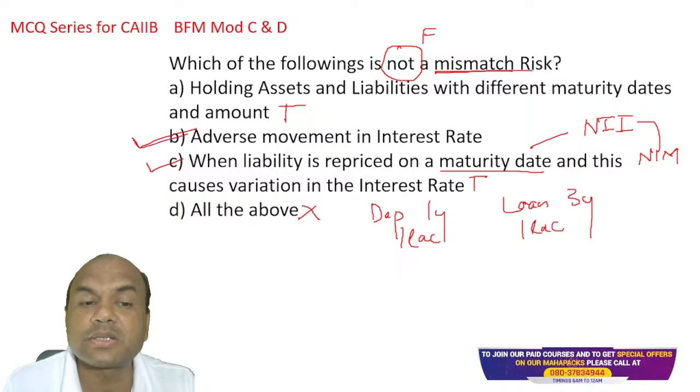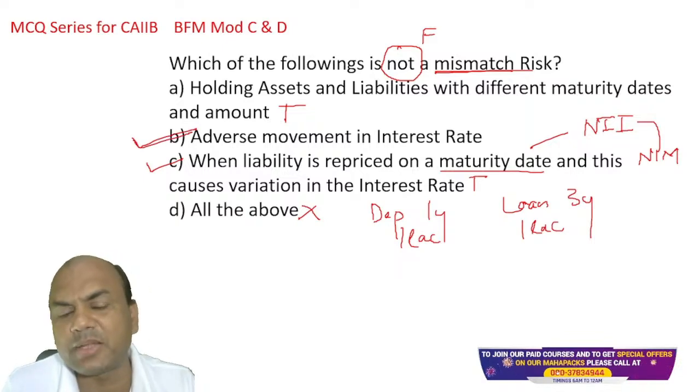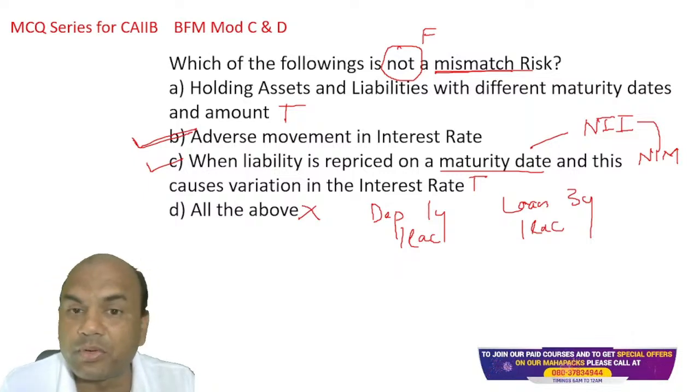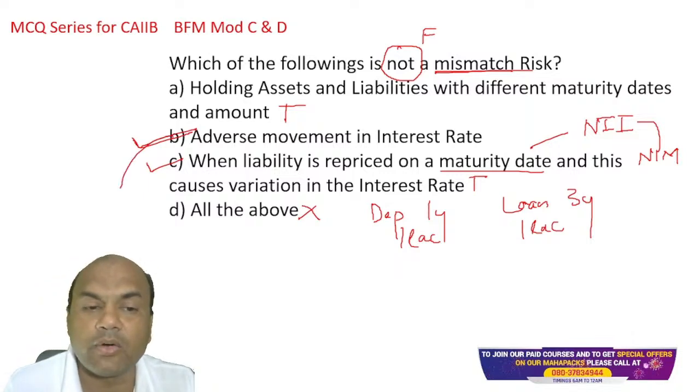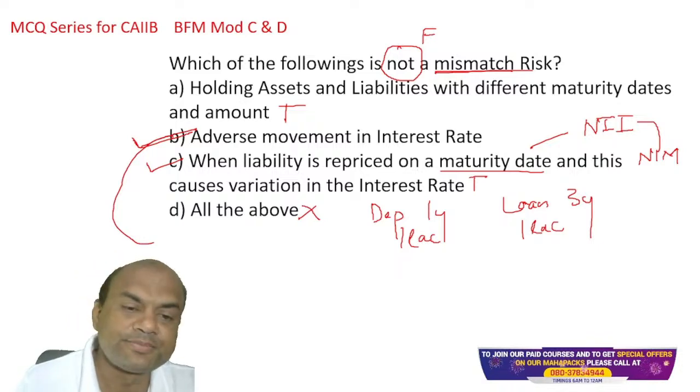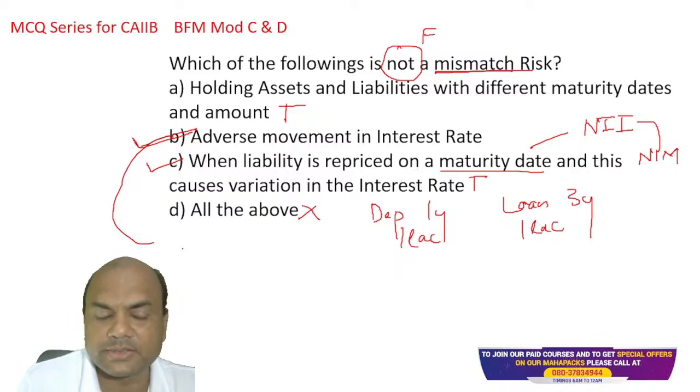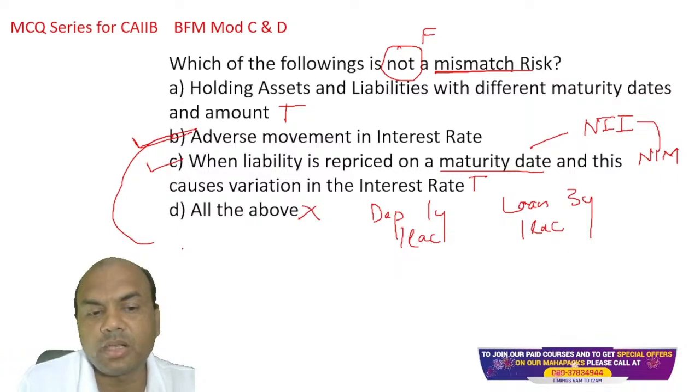Now what is the logic behind this? You'll say, sir, it can be the mismatch risk. Yeah, I have told you it can be. But I'll tell you how to explain this. See this, everyone pay attention. Loan, and second is deposit.